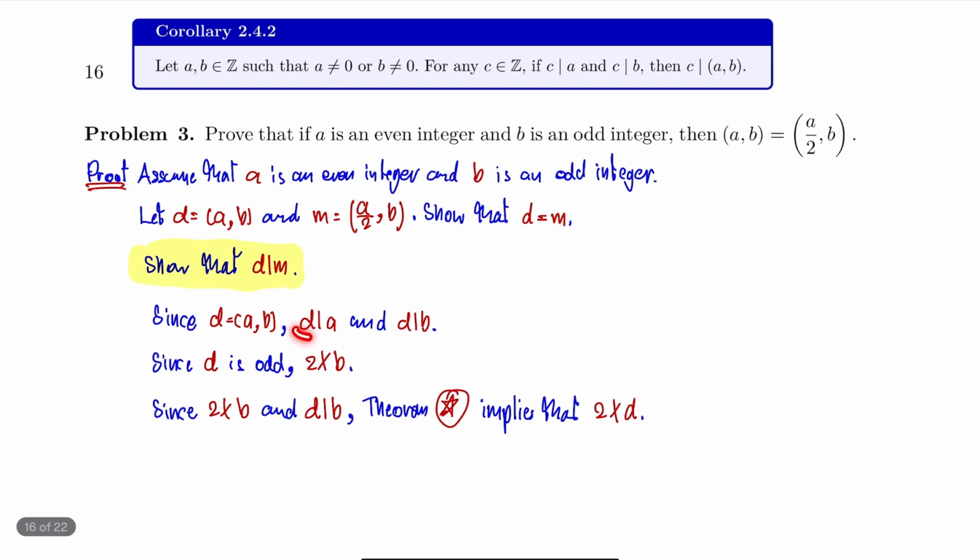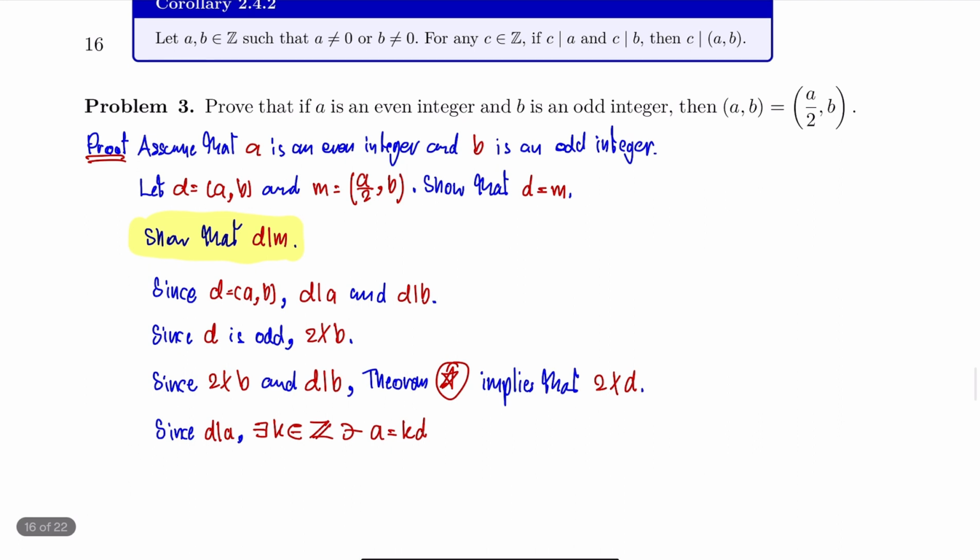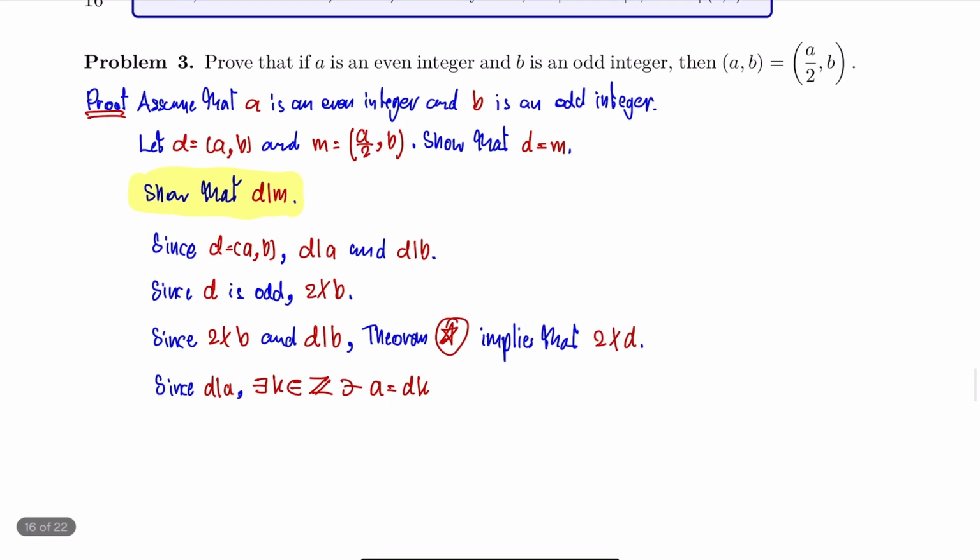So take a look at d divides a. Since d divides a, what do we have? By divisibility, we've got an integer k such that a equals dk.